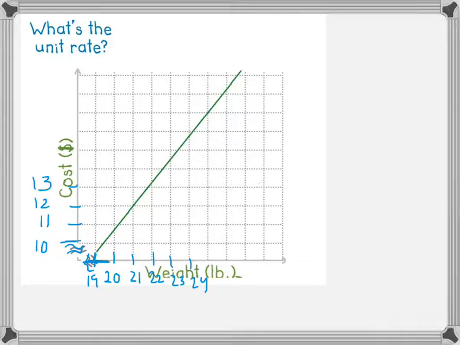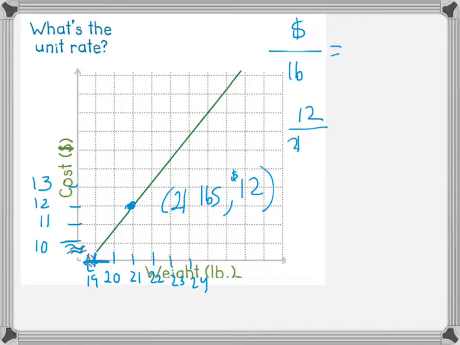Let's pick a value here. So this is 21 pounds for $12. We want to do dollars per pound, so we have 12 over 21.